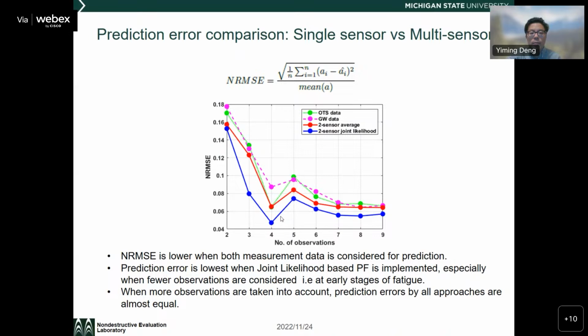This is another way of looking at the prediction error. We can see the blue curve here, the joint likelihood, outperforms the other methods. The average here is accidentally better than the individual ones, but this is not always true. If we don't fully understand what we're doing here, sometimes we cannot guarantee the average is better than each individual one.